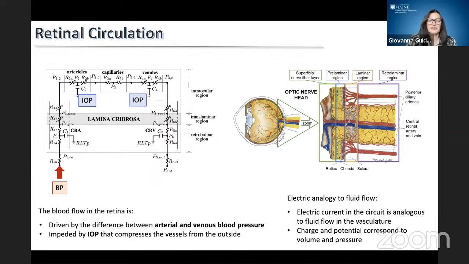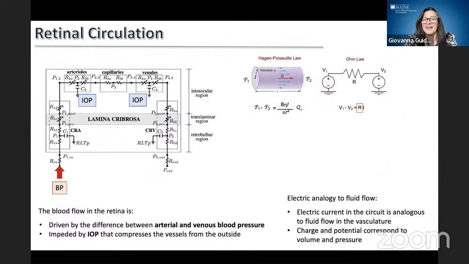So I have a few slides that just show the concept of this analogy. Basically, it is built on the fact that electric current corresponds to volumetric flow rate, charge corresponds to volume, and electric potential corresponds to pressure.